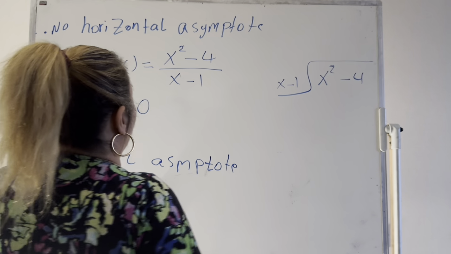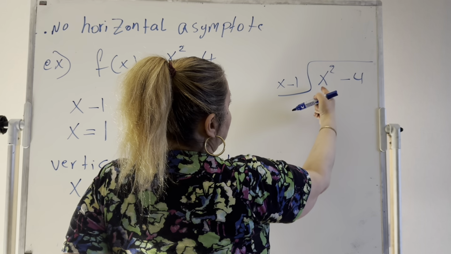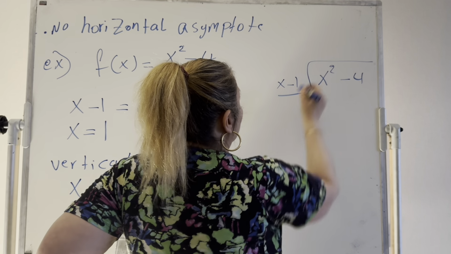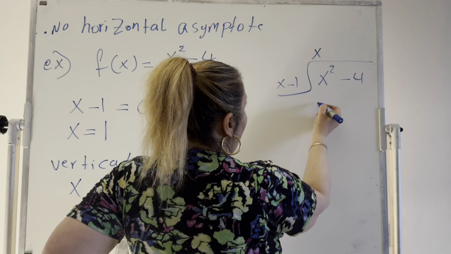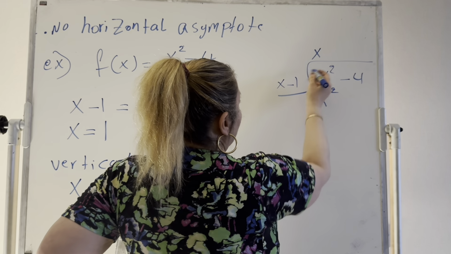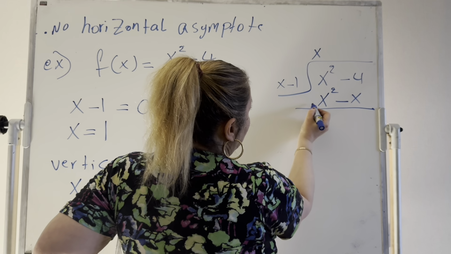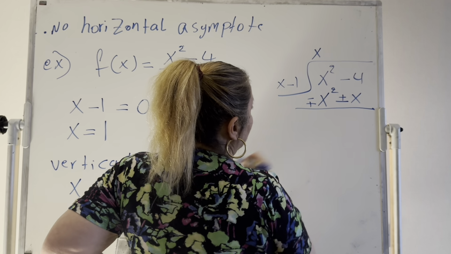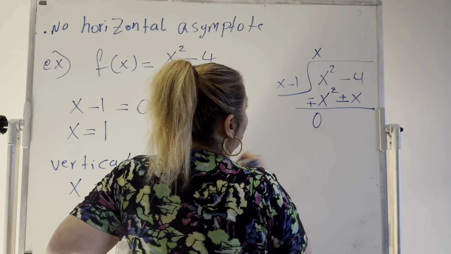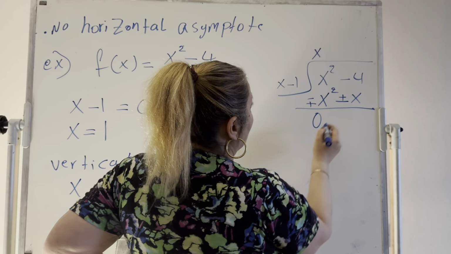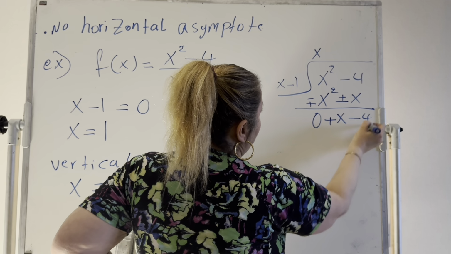It will be a slant asymptote also here. How many x is in x squared? It will be 1. x times x equals x squared, and x times minus 1 equals minus x. I will change the sign. x squared minus x squared equals 0, and minus 4 plus x, so x minus 4.